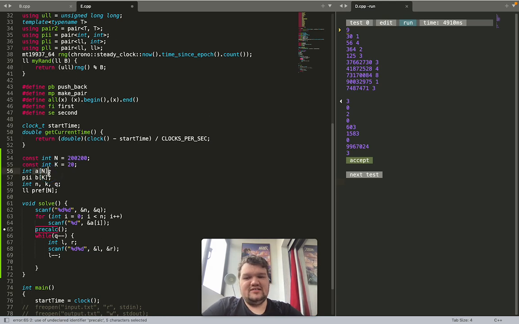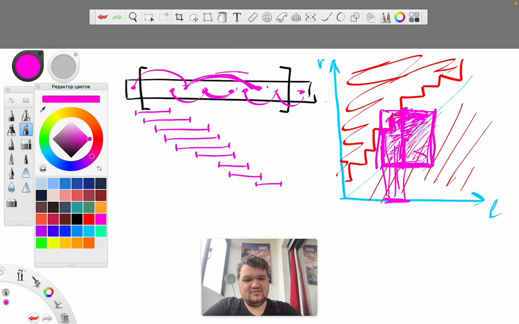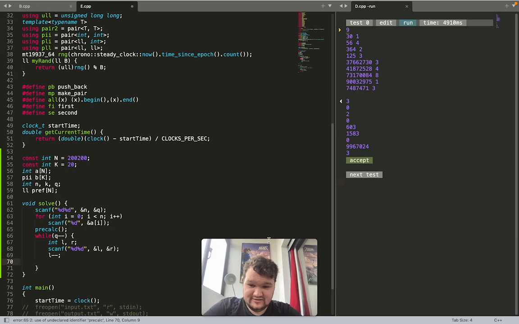So in array A, I will write down for each left border the right border starting from which it is bad, and that's my stair figure here. That's my query. I want to find the first point when it is at least R, so all the points that are inside the square are fine. That is just lower bound.